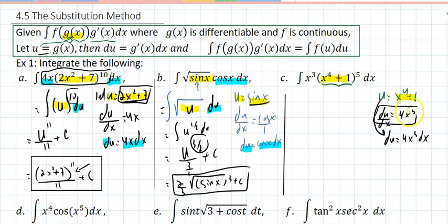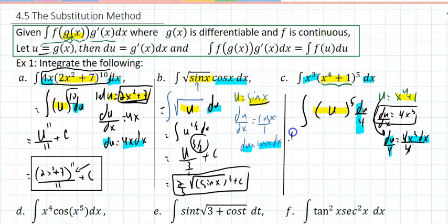Now when I make my substitution, well, there's my u to the 5th, and I notice x cubed dx is right there, but there's a 4 standing in the way. You could be off by a constant. That's not a problem. I could say x cubed dx is du divided by 4.